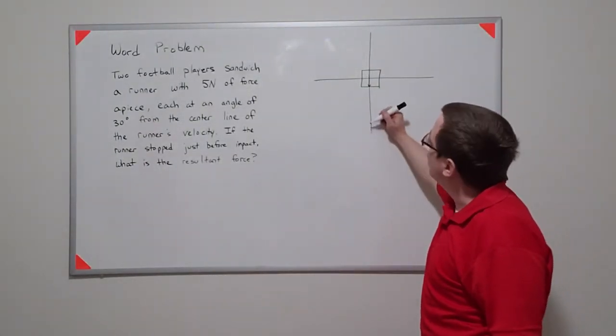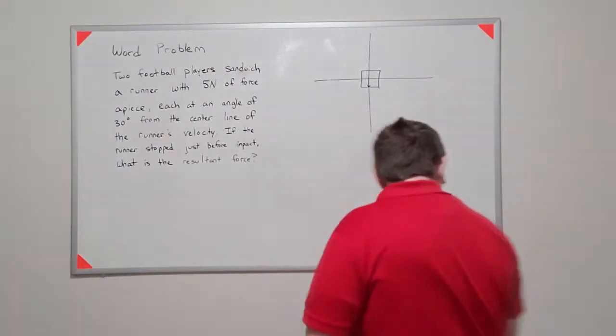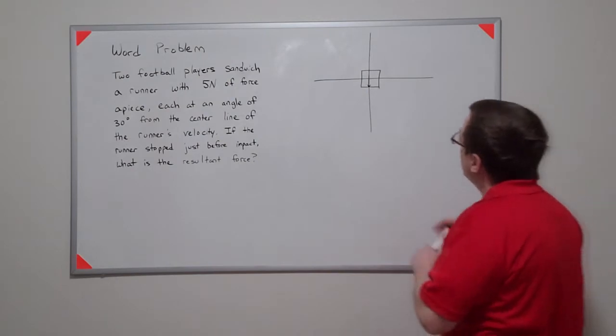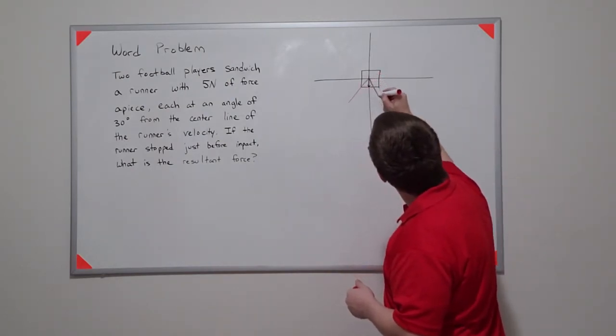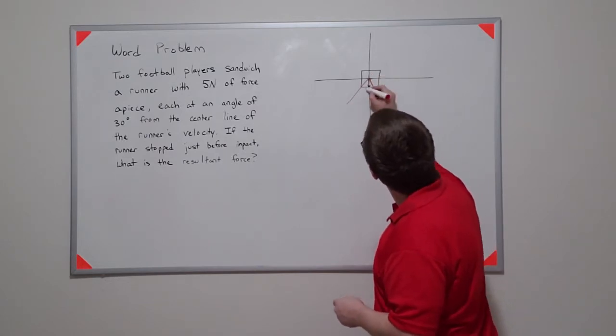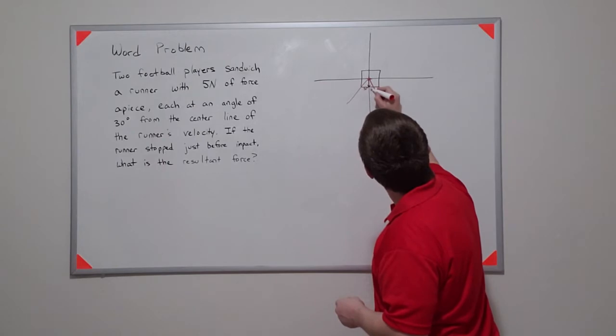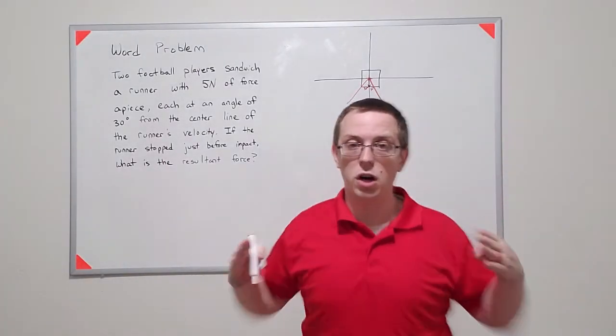then we could think of the players coming in at 30 degrees off center. They're each coming at 30 degrees off center. They're coming up.